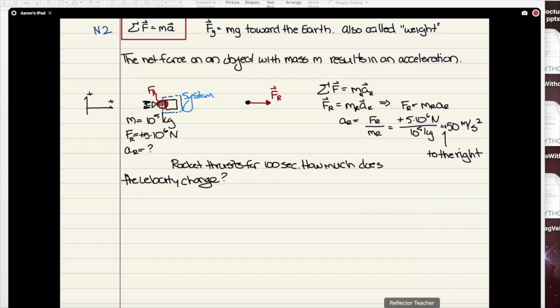So the rocket thrusts, it experiences an acceleration of 50 meters per second squared for 100 seconds. How does the velocity change?